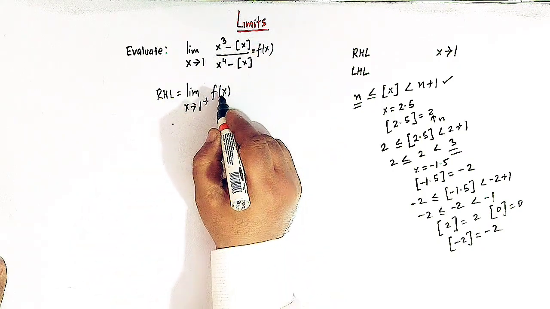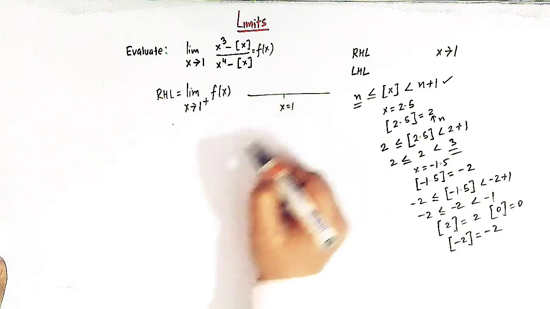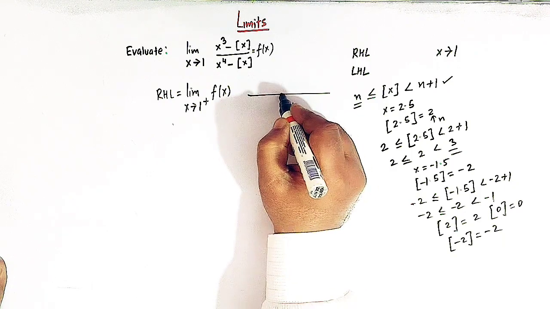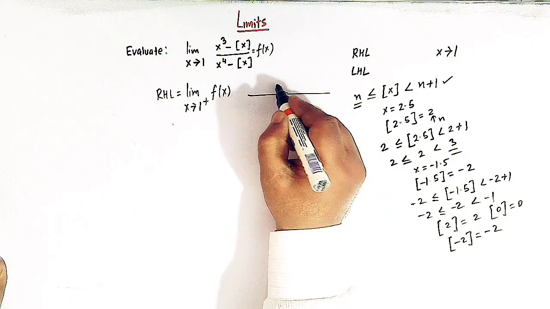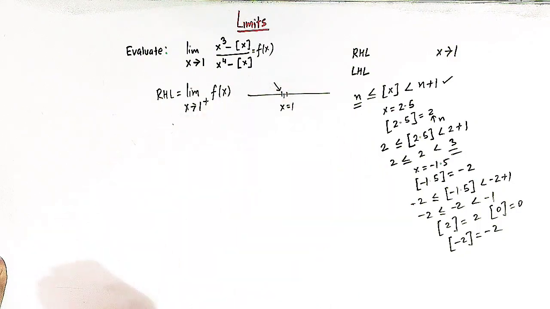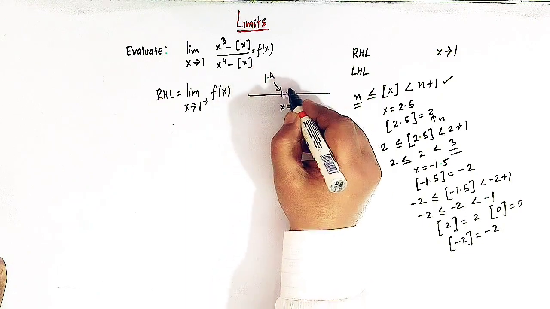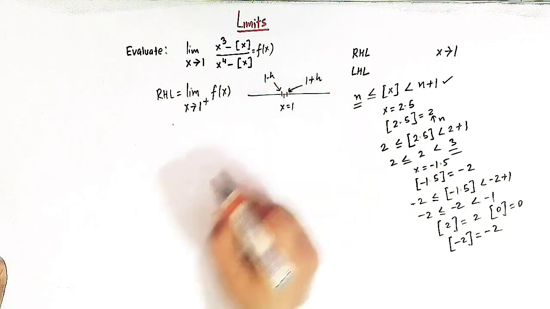Here x is equal to 1, and we'll take two points in the neighborhood of x is equal to 1, one towards the left and one towards the right. The left neighborhood is given by 1 minus h and the right neighborhood is given by 1 plus h.